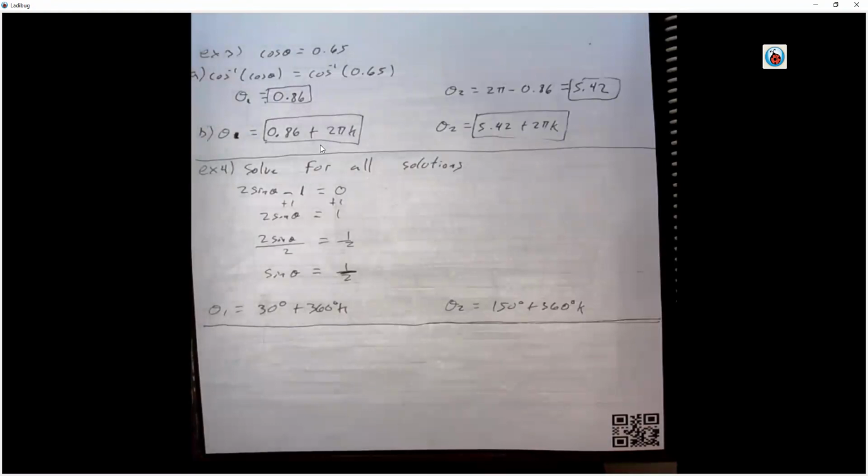So what do you show? What we get, example one. It's the exact same question once you isolate sine. So there's no reason to do it again.